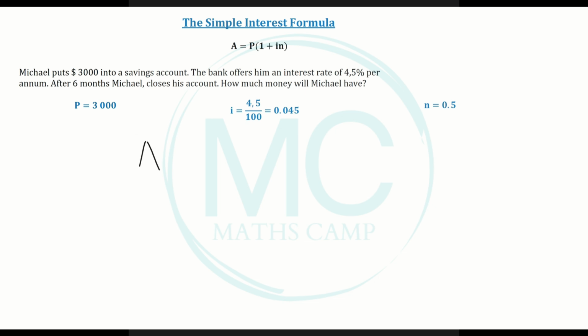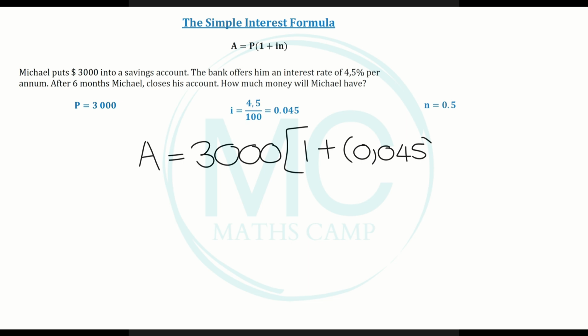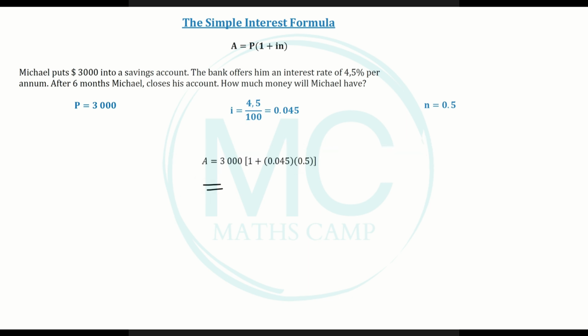So we say A is equal to P, which is 3,000. Open our bracket. We have 1 plus the value of I, 0.045, multiplied by N, 0.5. Now we have P outside our bracket. Inside, let's start by multiplying 0.045 and 0.5, and we get 0.0225.